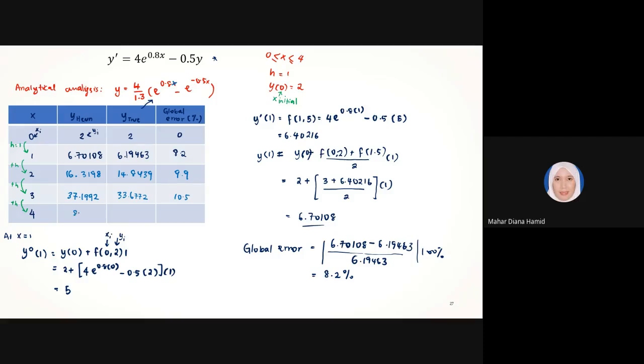At 4, Heun's is 83.3378, true is 75.3390, and the global error is 10.6.